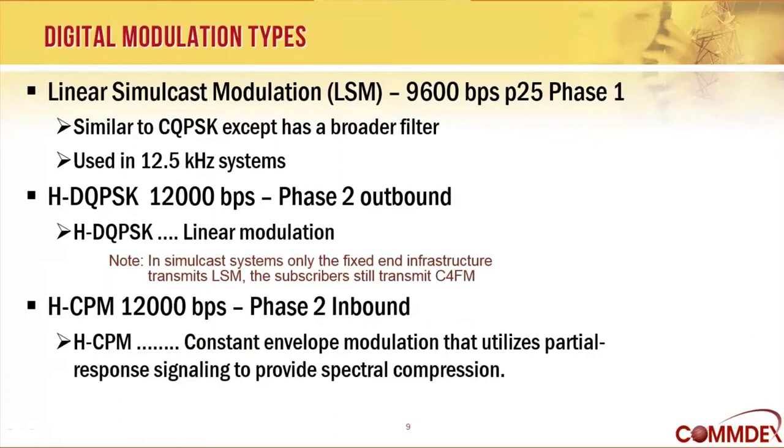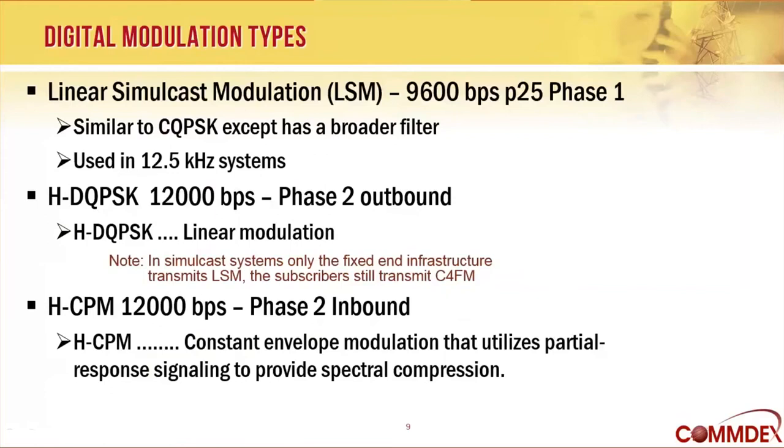By having a broader bandwidth and a broader filter, it's more tolerant of phase delay. And that means if it's more tolerant of phase delay, we can separate our sites further apart and still recover the signal. And we talked about phase 2 P25 and the fact that there is one type of modulation for inbound and another type for outbound signaling.